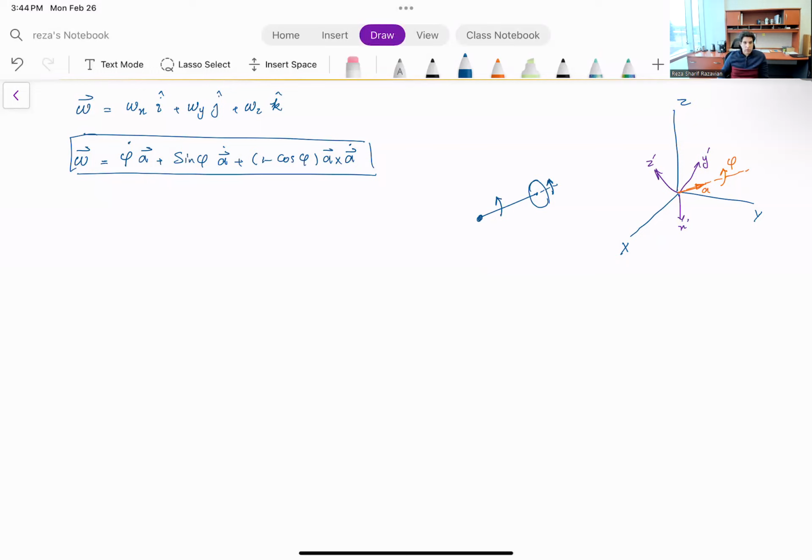So in this case, you can fairly easily find your A and A dot at any time, and you know the rate of change of this phi. So for instance, there is a motor running at a speed, or somehow you have measured it. You can then find the angular velocity of the body, this disk, using this equation.